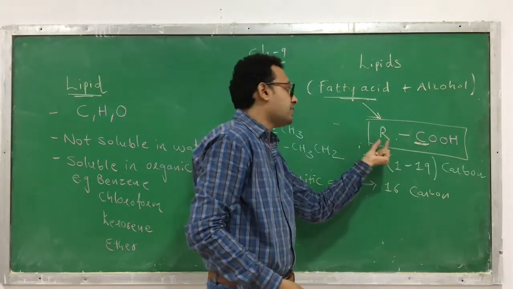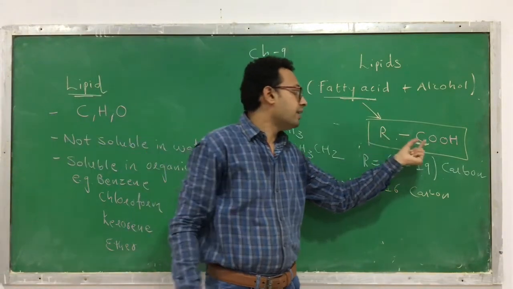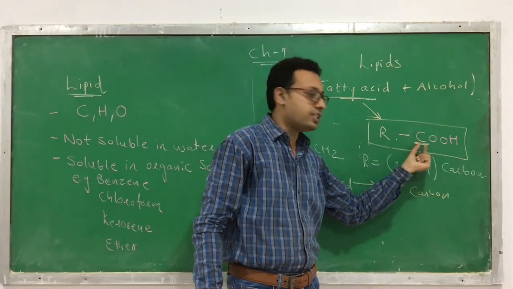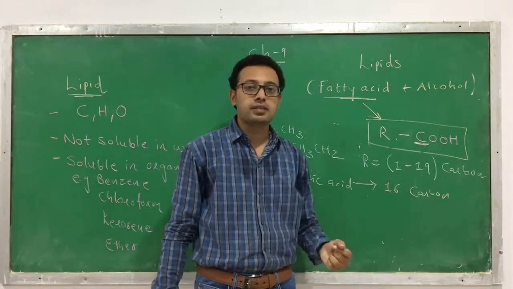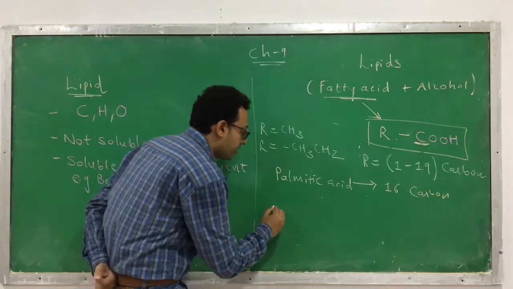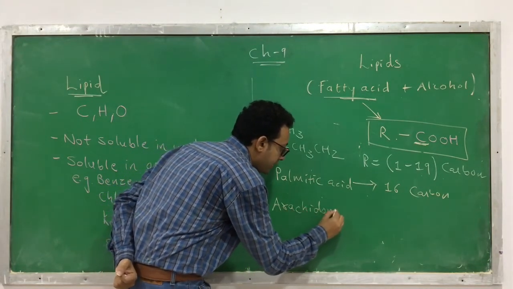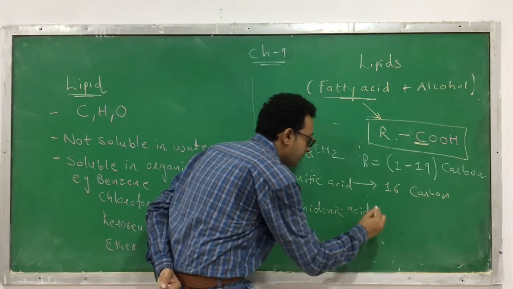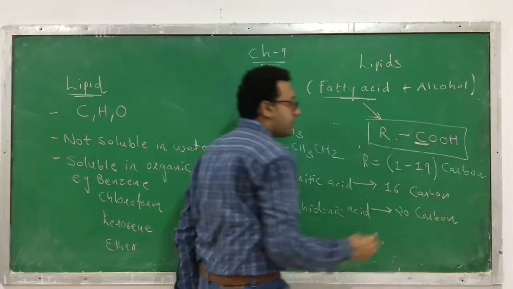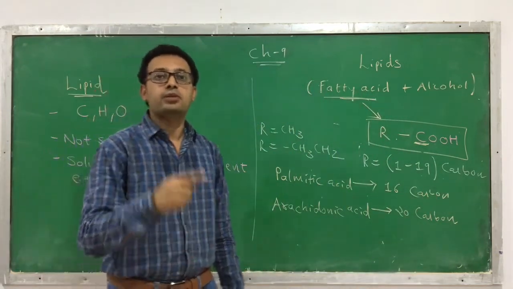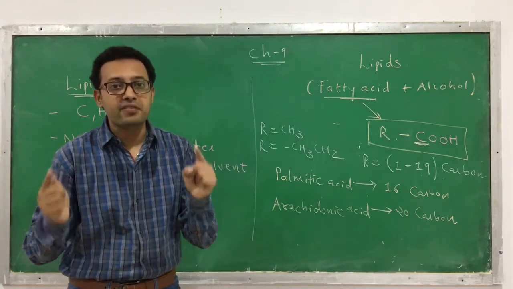So in palmitic acid, R is a 15 carbon long chain, and 1 more carbon is from COOH, so the total number of carbons in palmitic acid is 16. Similarly, another example of a fatty acid is arachidonic acid. It contains 20 carbons, including the carbon of the carboxylic acid functional group. Clear? So the number of carbons varies.